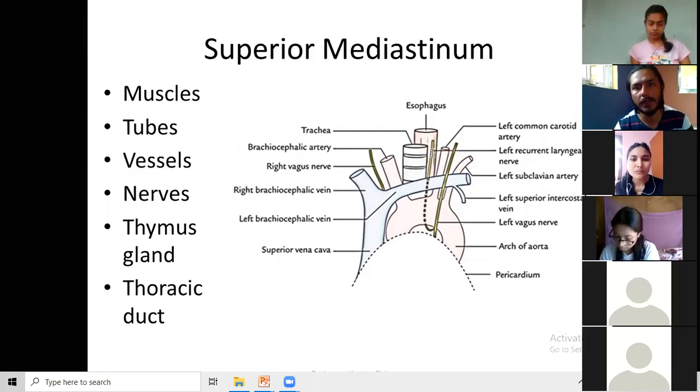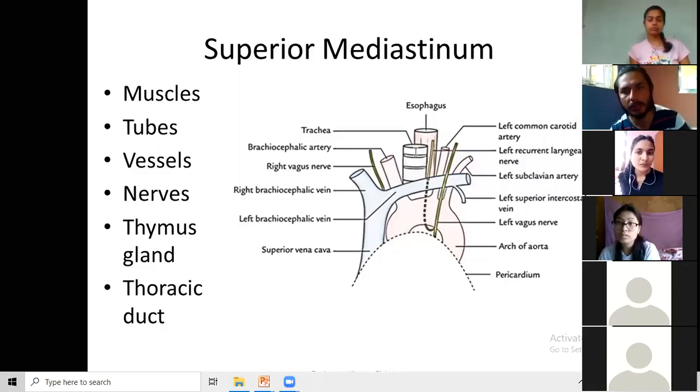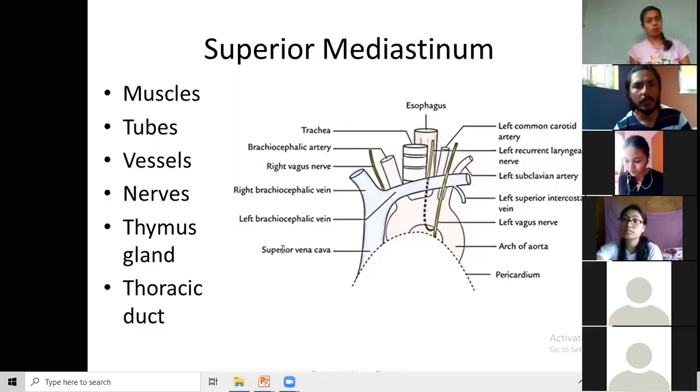So the esophagus, and see in the picture also. The esophagus and the trachea you will see here. These are tubular structures: one is the esophagus, one is the trachea. Again you will see one duct, that is the terminal part of the thoracic duct. See this thoracic duct.